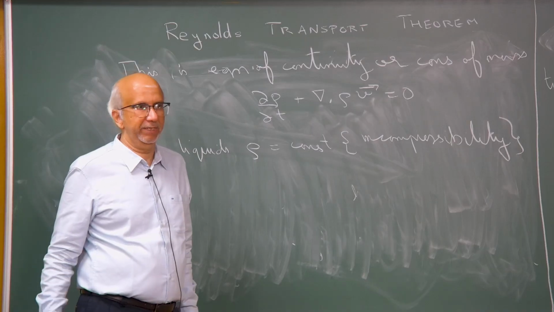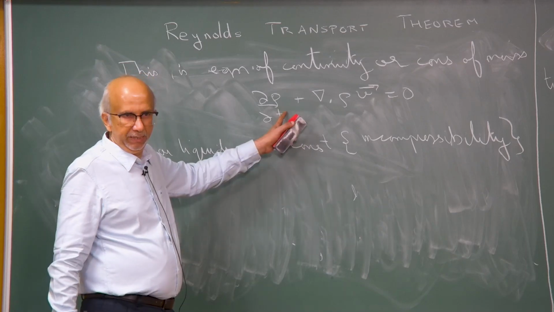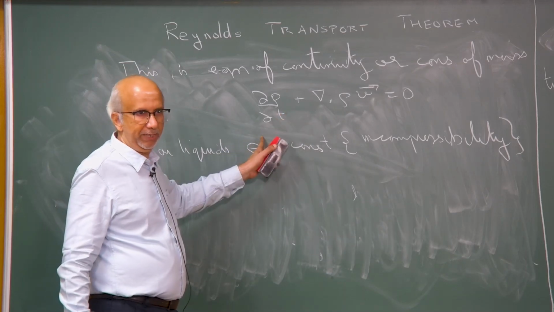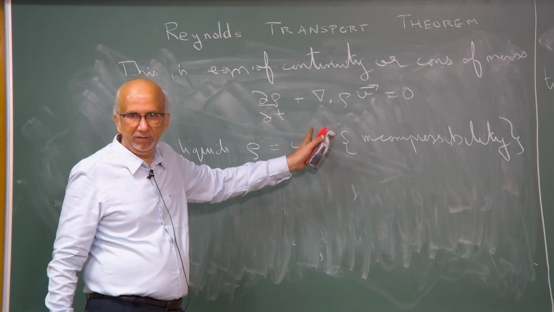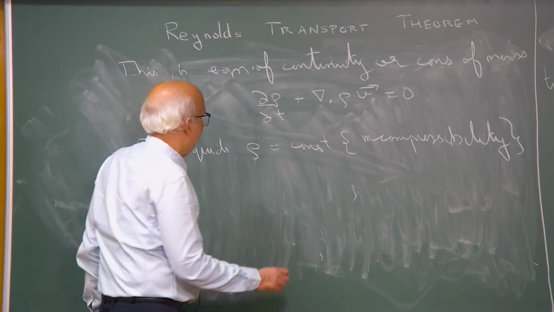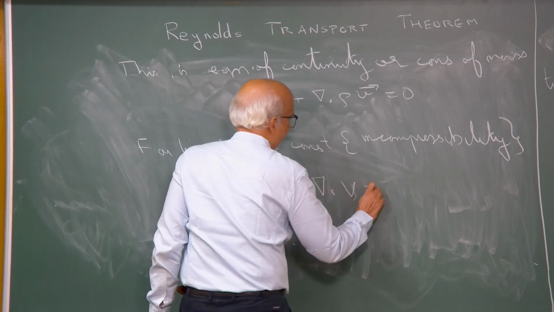Typically liquid density does not change. So, how does this simplify? Density will not change with respect to time, it will not change with space. So, density is constant, I can pull it outside my divergence operator, and this simplifies to divergence of V equal to 0.